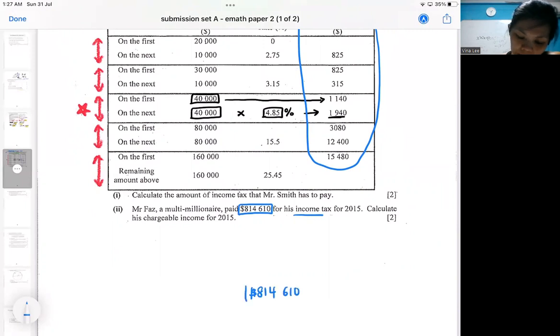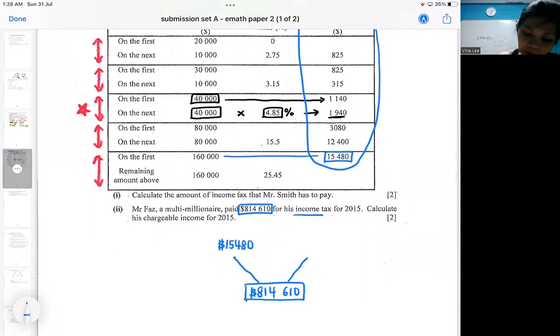So this is the tax. It should come from 2 baskets. And the first basket should be this one, and this one should come from an income of 160,000.